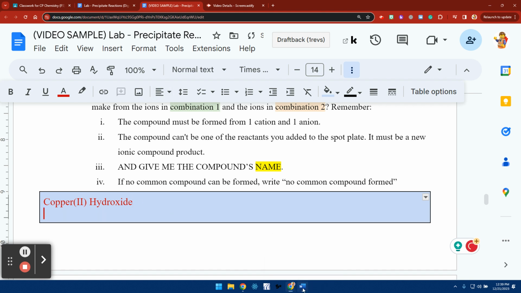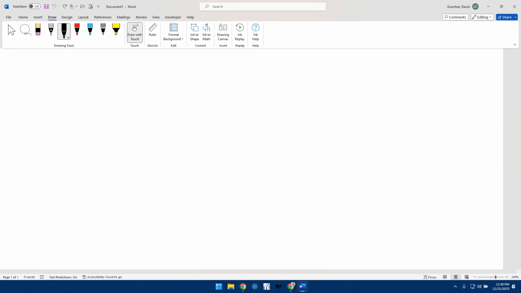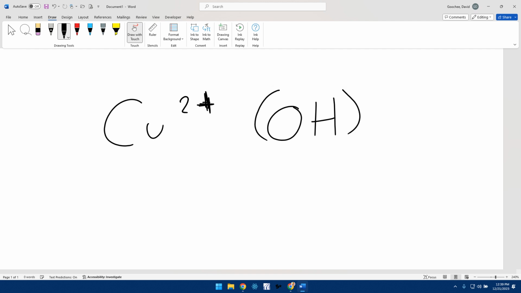Now, just in case you're having some trouble with it, copper 2, Cu2+, and then you have hydroxide, OH, a polyatomic ion with a 1 minus charge. Now, make that look nicer. These charges don't cancel.